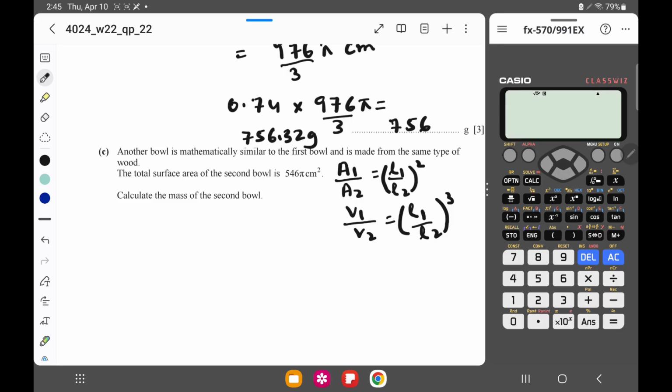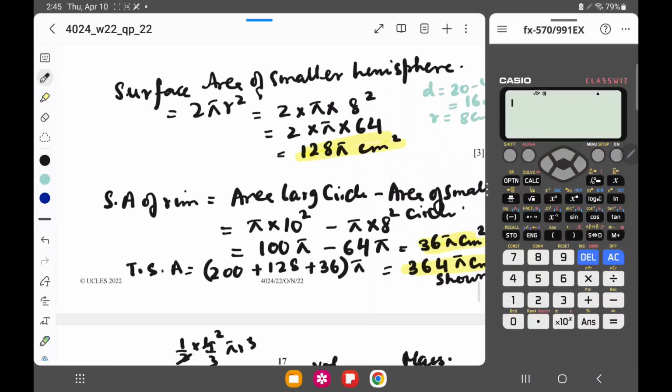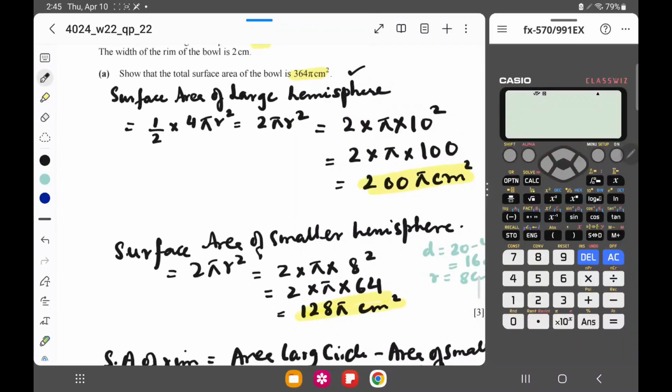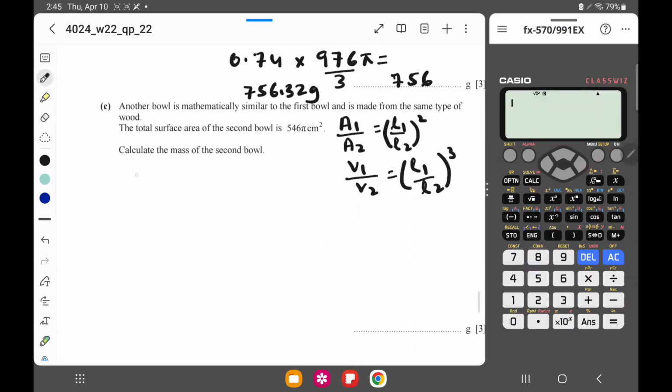The surface area for the first bowl is given at the top, which we found: 364 pi square centimeters. This is for the first bowl. So the surface area of the first bowl is 364 pi square centimeters.